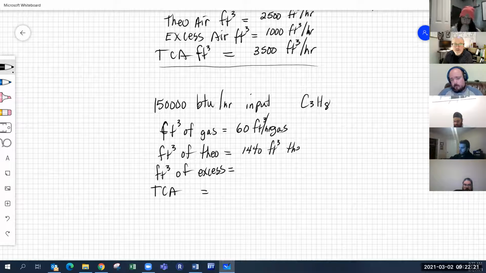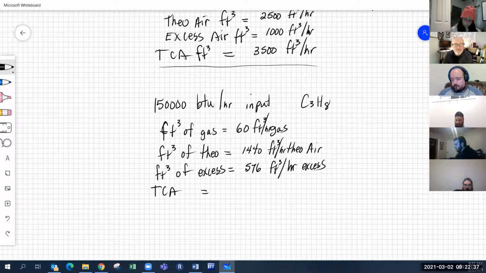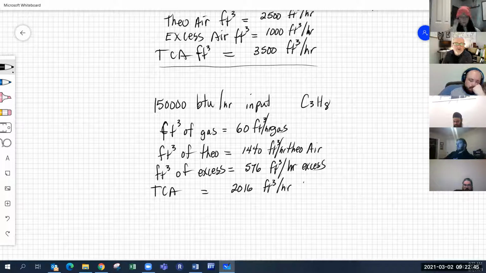That's theoretical air, per hour. And excess? 576 cubic feet per hour excess air. Right. Total combustion? 2,016 cubic feet of air per hour. Total combustion air.